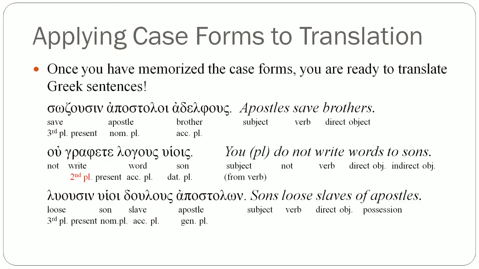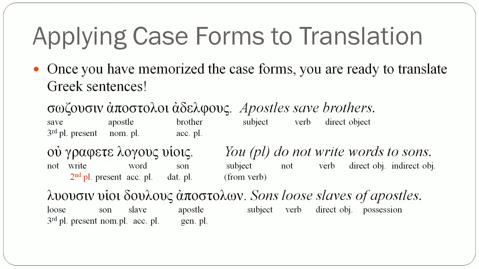And the last one, luusin huioi doulos apostolon. Sons loose slaves of apostles. Sons is nominative plural, therefore that's your subject. That's who's doing the loosing. Doulos, again, there's your familiar ending, like lagus and adelphus from the previous sentences.